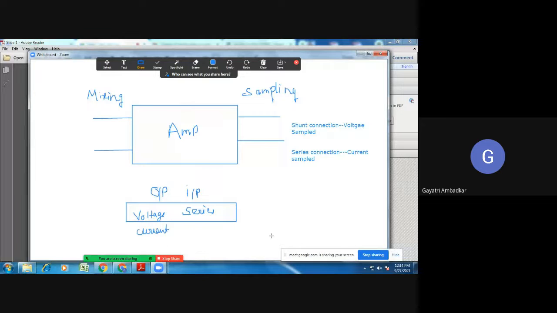This way you can remember the names of different amplifiers. Got it? Have you understood how to remember this name?